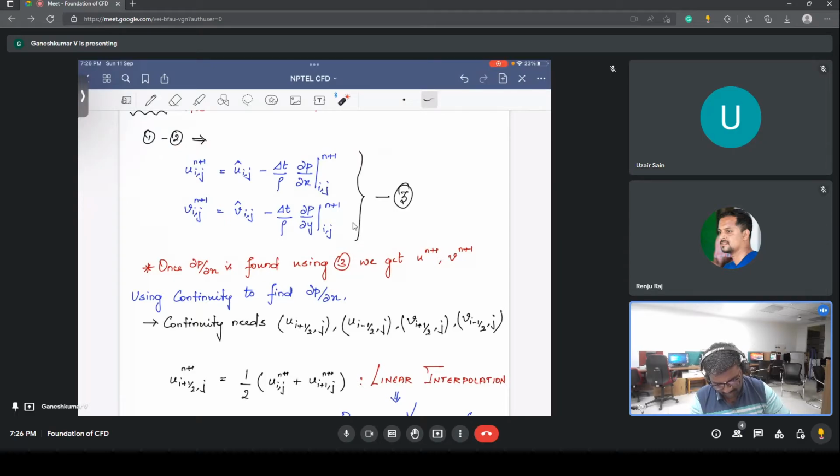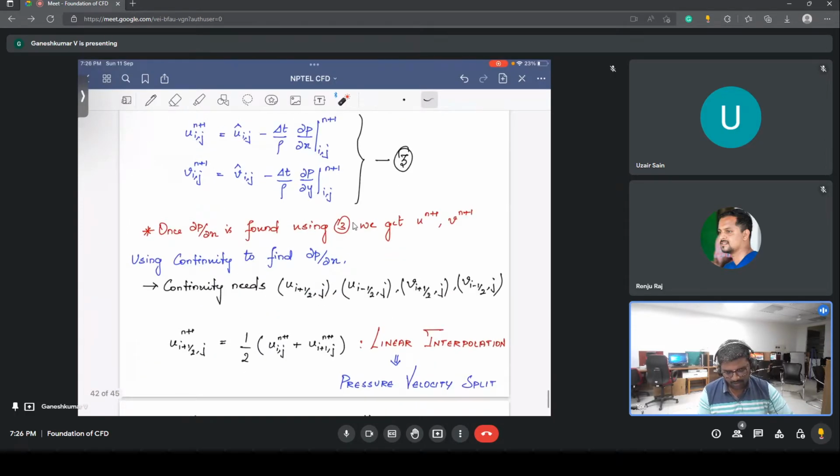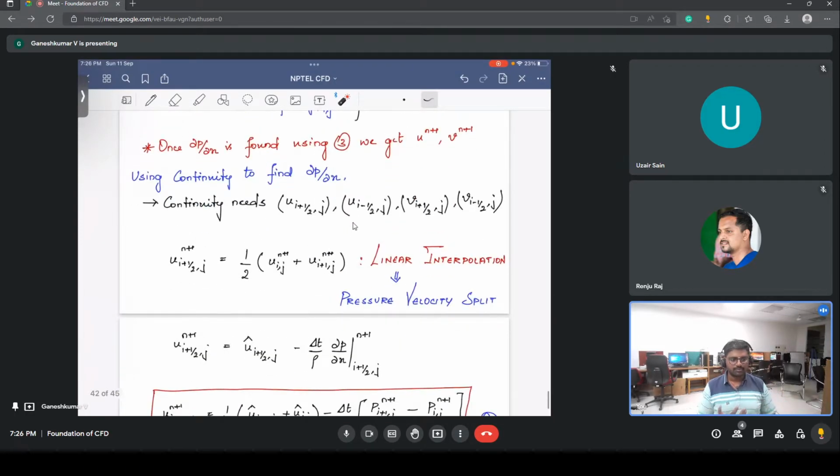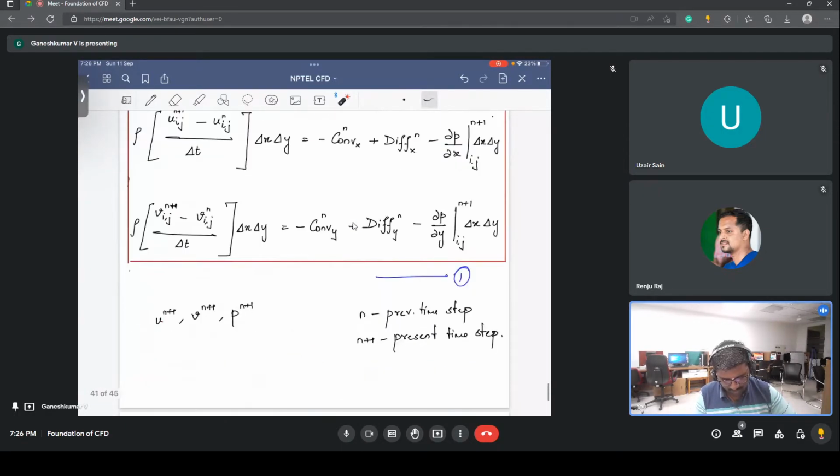Finally, you have to find the velocity at time step n+1 using the predicted velocity and the pressure gradient. But we still don't know the pressure gradient. If we know it, we can find u at n+1, right? So now we need to find the pressure gradient. That is our step 2. How are we going to find it? If you go through these equations, we have momentum and continuity.